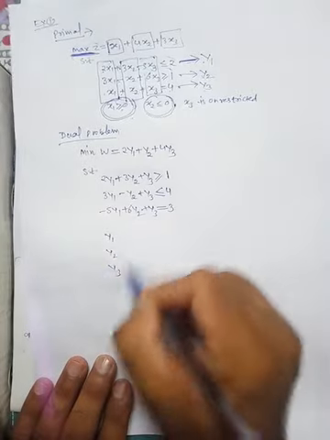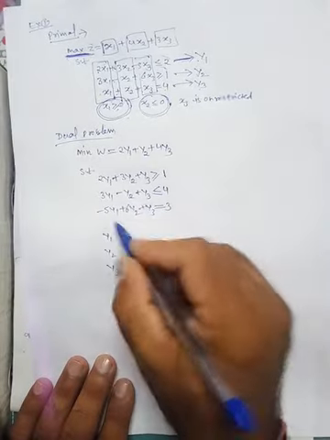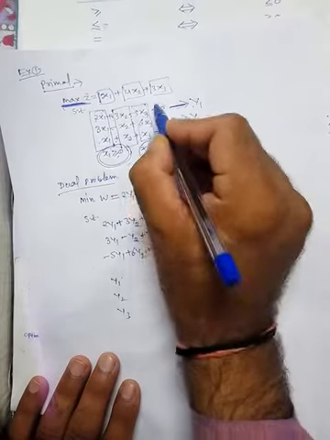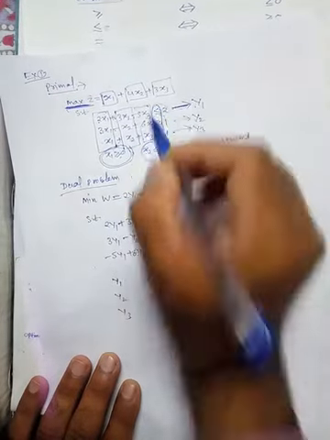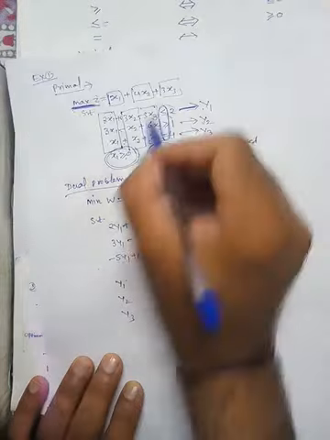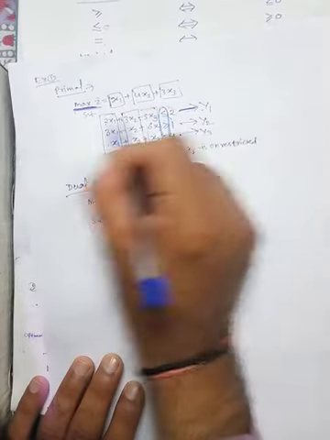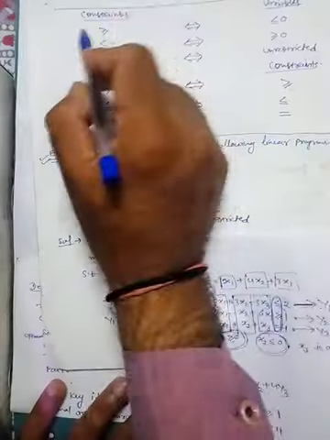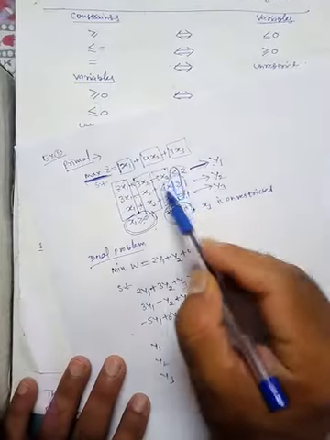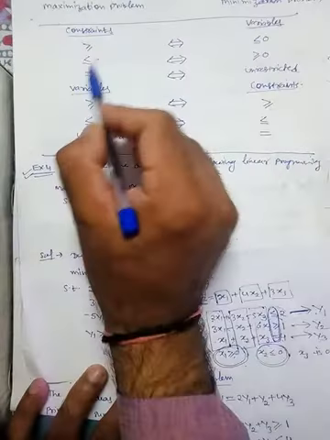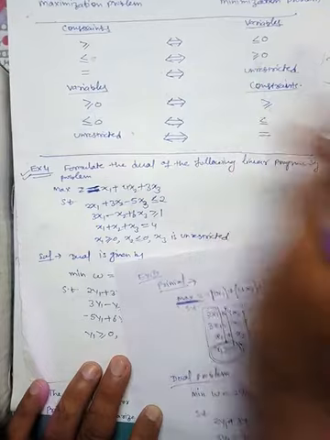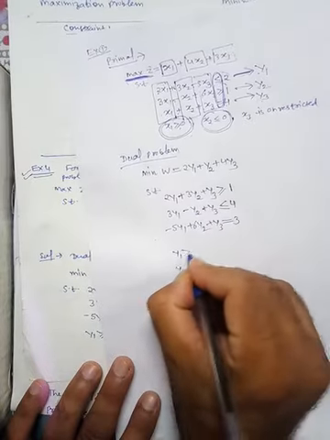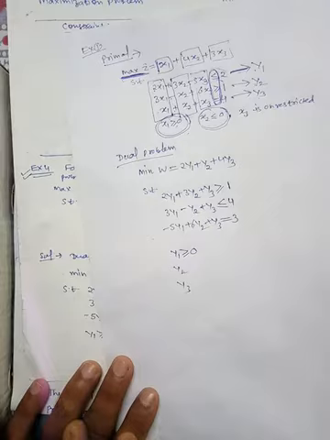Fine. Now decide the sign of variables y1, y2, y3, and these are decided by the sign of these three constraints. Here the sign is less than type and this is the constraint, so the associated variable should be greater than or equal to 0, hence this should be greater than or equal to 0.